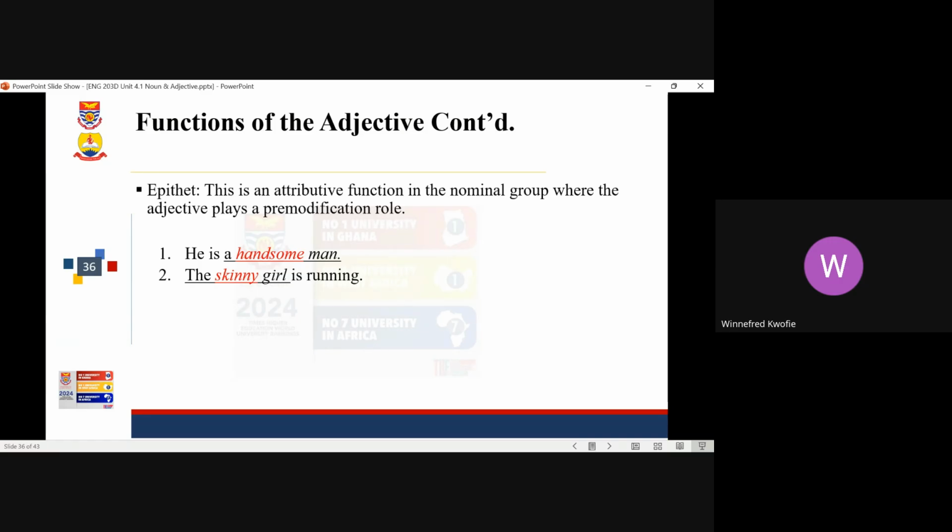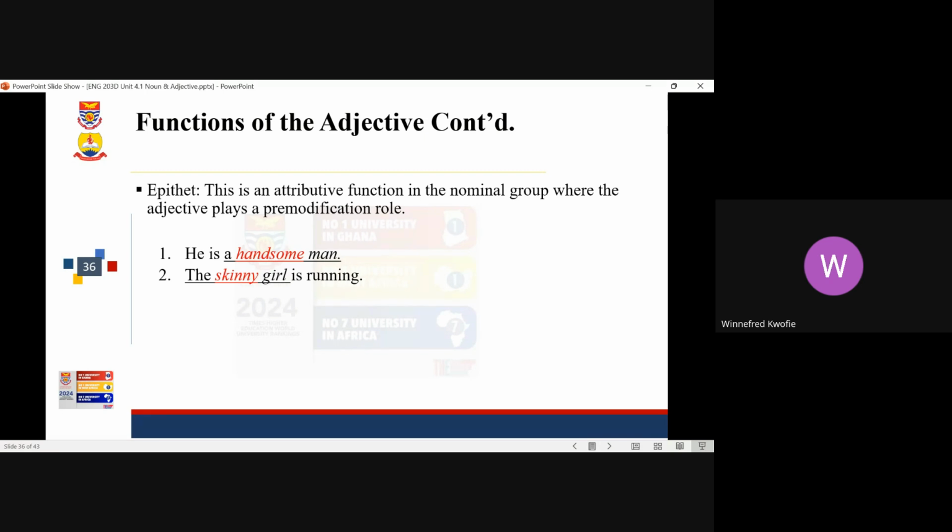In that case, it performs the attributive function, where the adjective comes before the noun it modifies. When an adjective is performing an attributive function, what we mean is that the adjective has been placed before the noun that it is modifying.